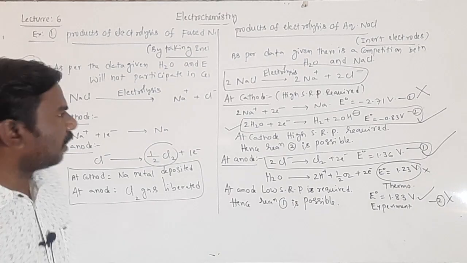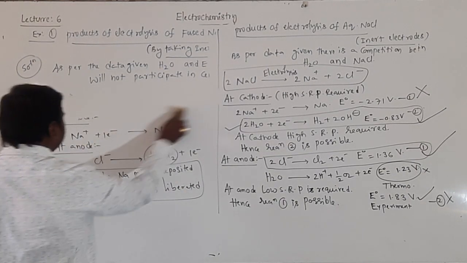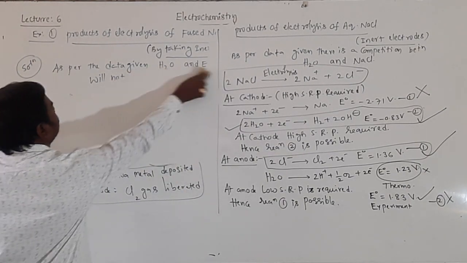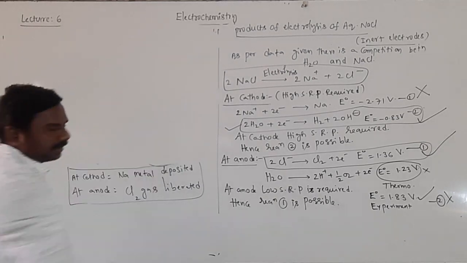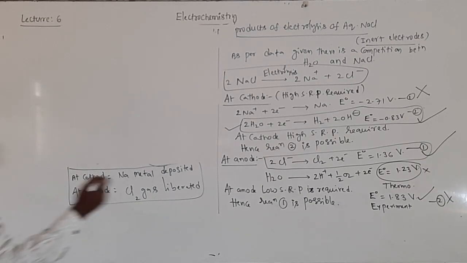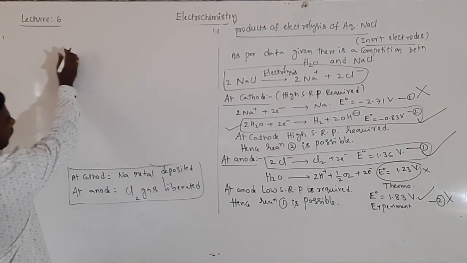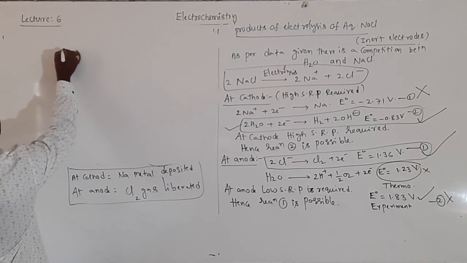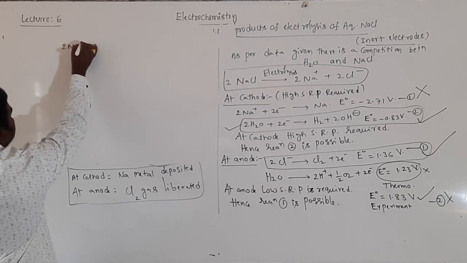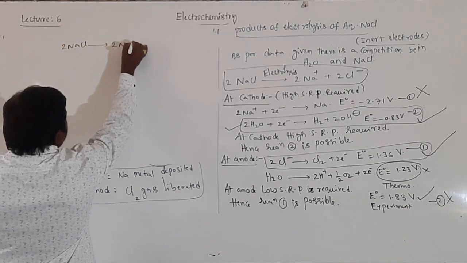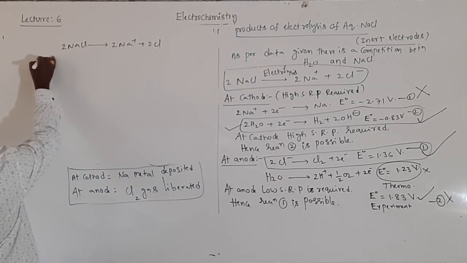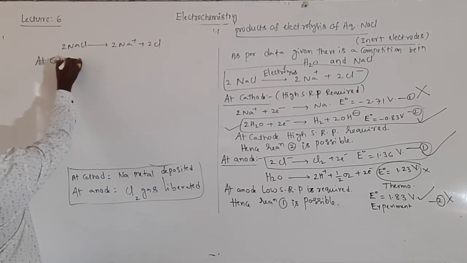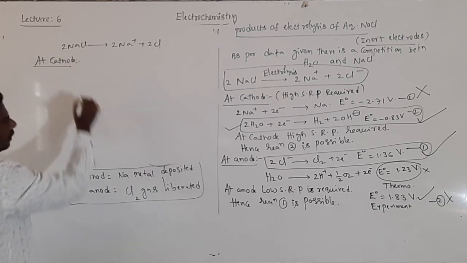Yes, we will write the net equation, students. The net equation: 2NaCl converted into 2Na plus 2Cl minus by electrolysis. At the cathode, what is the favorable reaction, students?